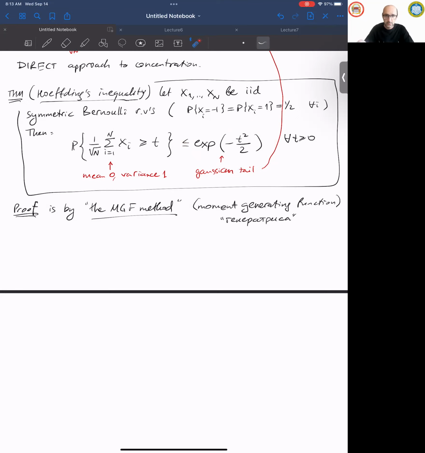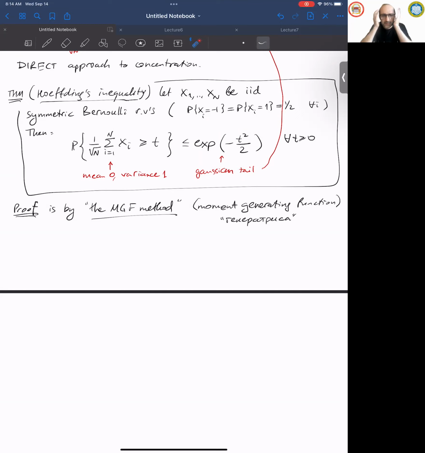So Markov is not so good. Next is Chebyshev's inequality, which gives us a deviation of the form sigma squared, the variance, divided by t squared. A little better than Markov: Markov was 1 over t, Chebyshev's tail is 1 over t squared. So we're going in the right direction. We just need to keep going, from Markov to Chebyshev and so on. Still far, but better.